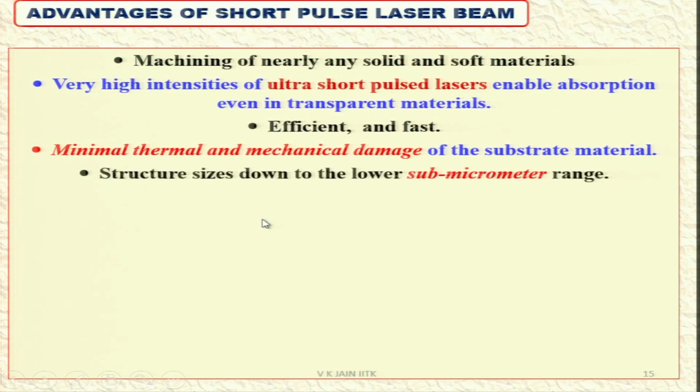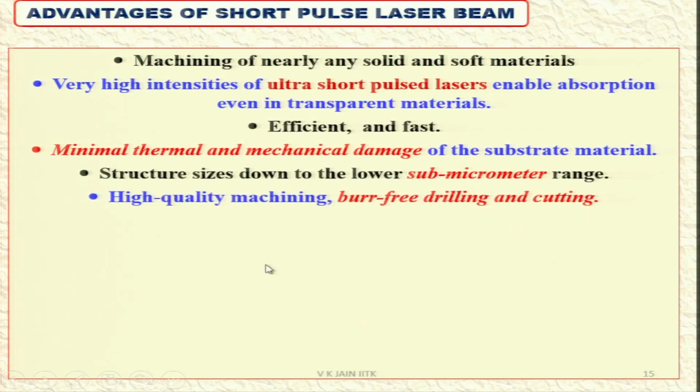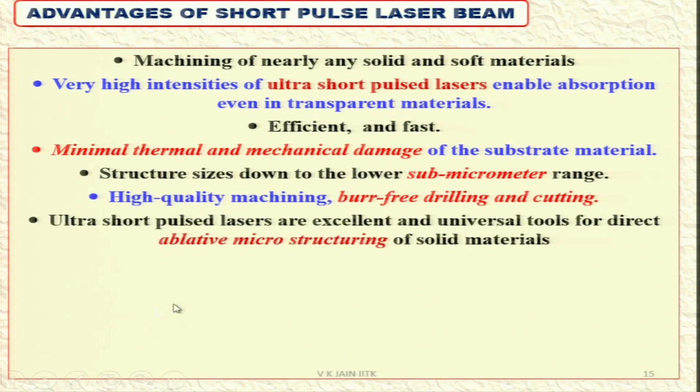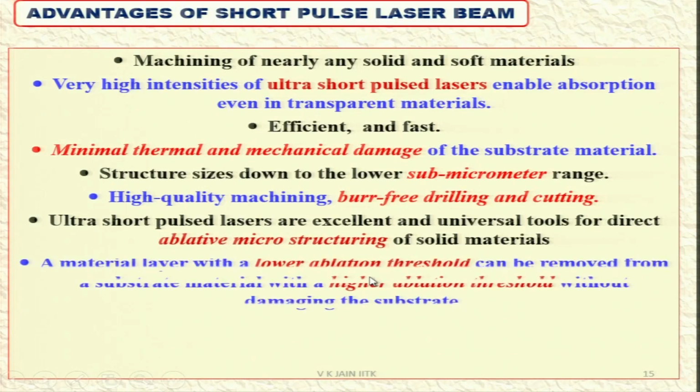Structure sizes down to the lower sub-micrometer range are possible, that means nanometer. High quality machining, burr-free drilling and cutting is possible by the lasers. Ultra short pulse lasers are excellent and universal tools for direct ablative microstructuring of solid material.